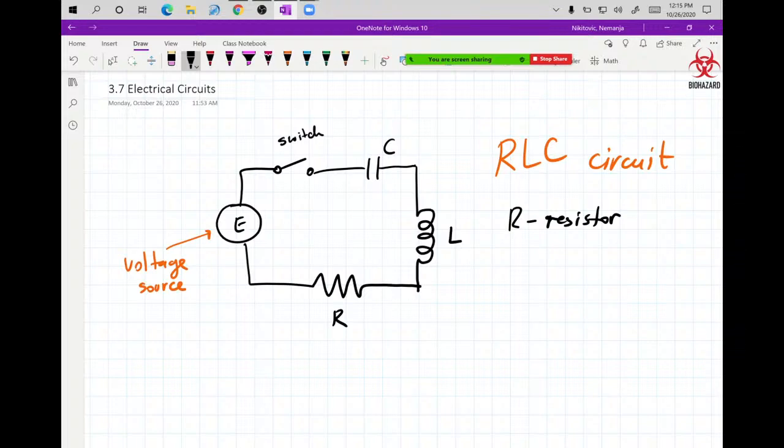And then you have these L and C. L is the inductor, and C is the capacitor. And they are energy storage devices, technically. So you can use the voltage source, let's say a DC one, direct current, charge the capacitor, and then you disconnect the battery, and that capacitor is charged.